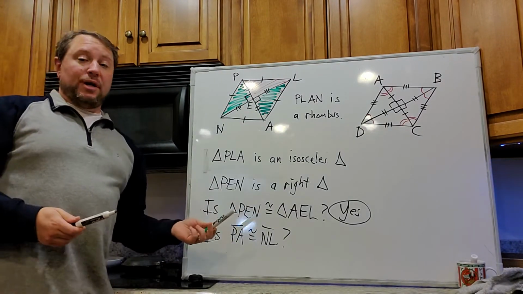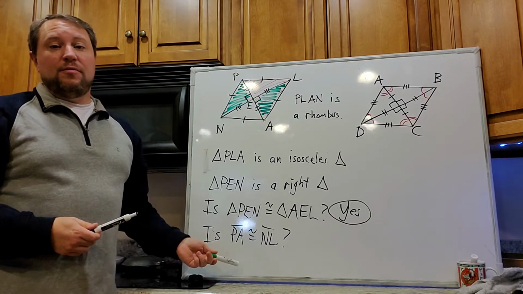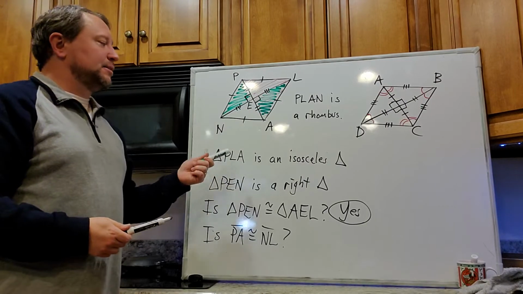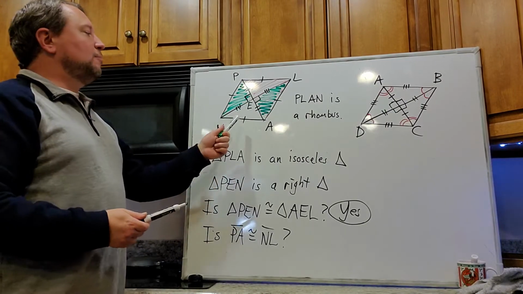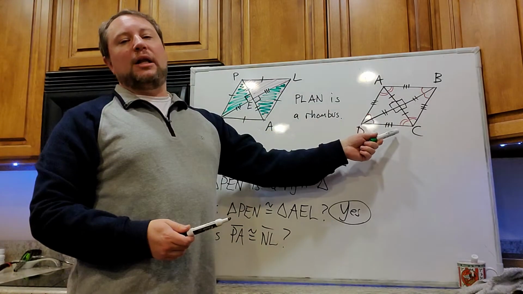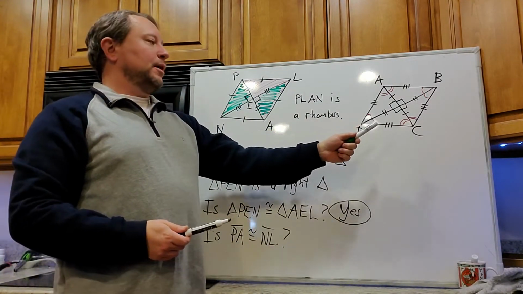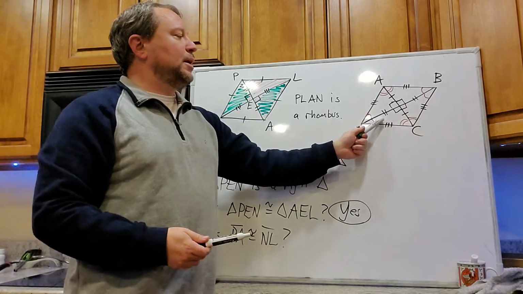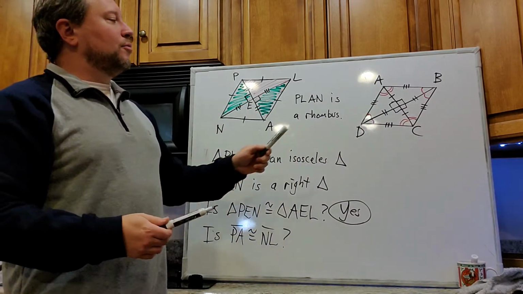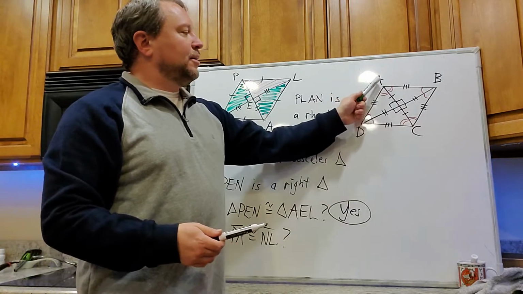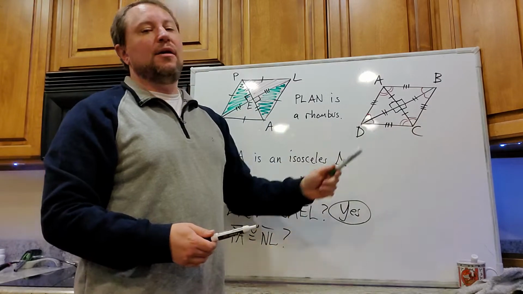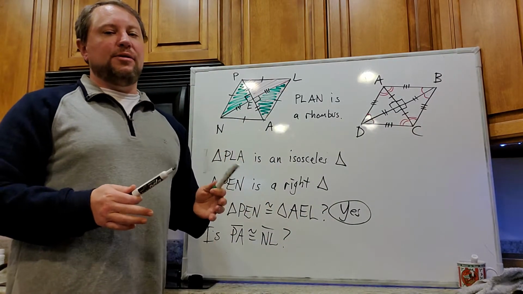That might be true in a rectangle, for example, but that is not necessarily true in a rhombus. When it comes to the diagonals of a rhombus, they are a lot like those of a basic parallelogram. Single, single, double, double, where you have some matching parts, but if you add this single plus single and this double plus double, their overall lengths are not going to match.